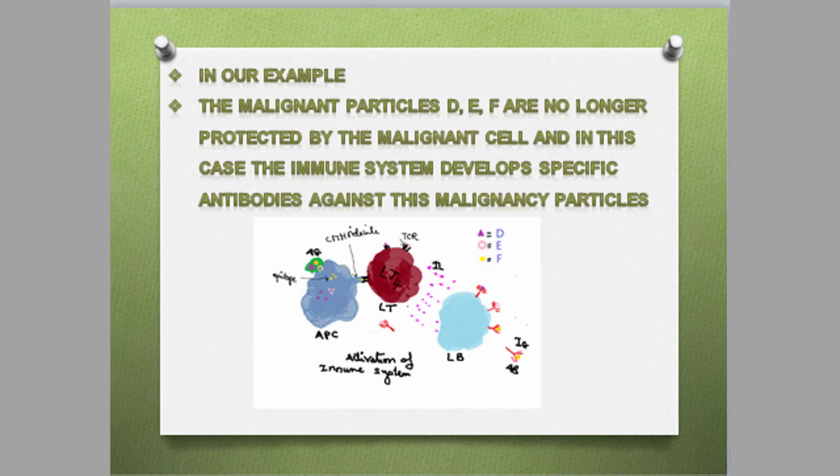In our example, the malignant particles D, E, F are no longer protected by the malignant cell, and in this case, the immune system develops specific antibodies against these malignancy particles.